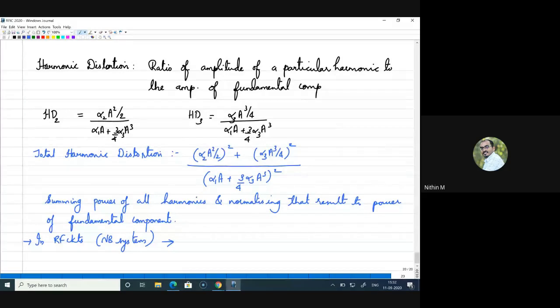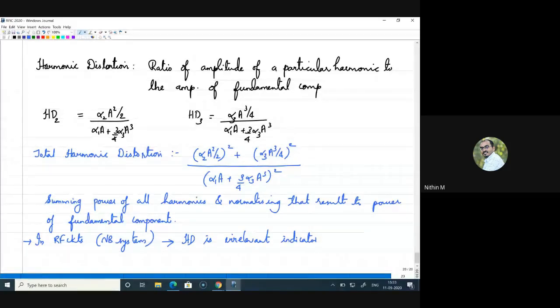So in RF circuits, generally this harmonic distortion or total harmonic distortion is considered an irrelevant indicator. Why is it an irrelevant indicator? Because since the harmonics appear at a higher frequency, they will not affect a narrowband system. So harmonic distortion is an irrelevant indicator of the effect of nonlinearity.